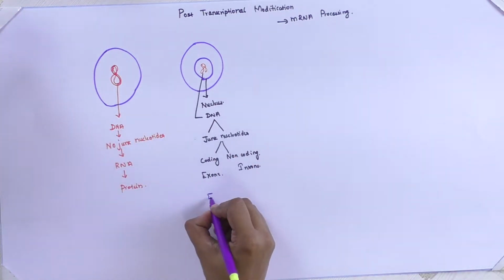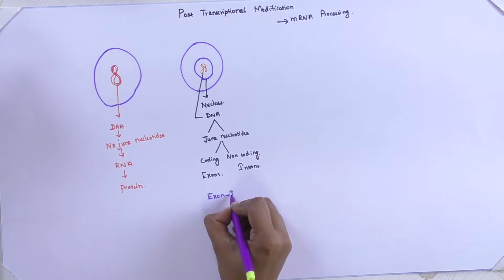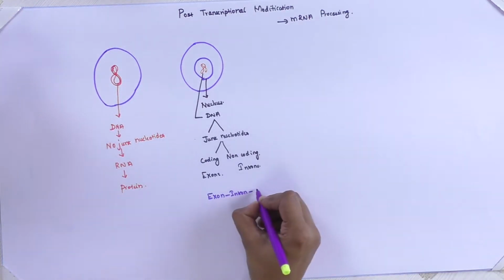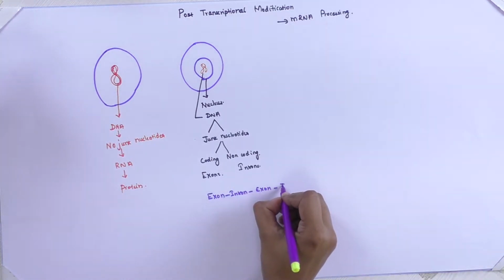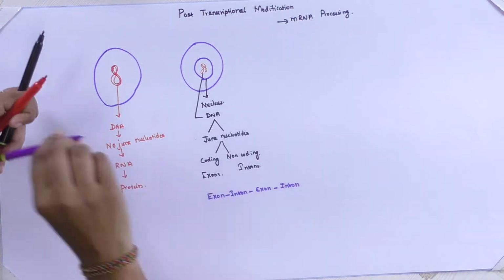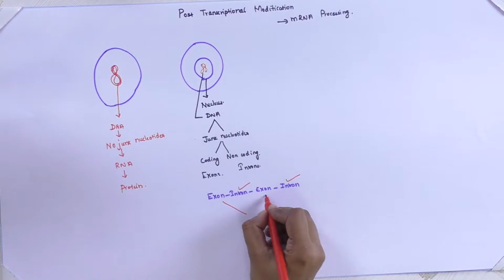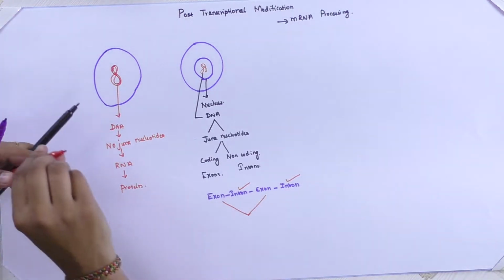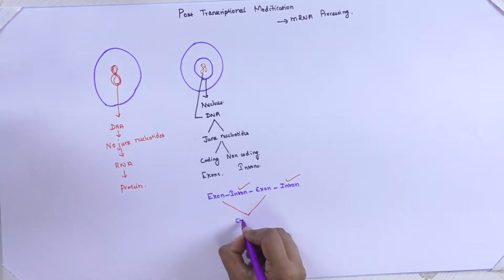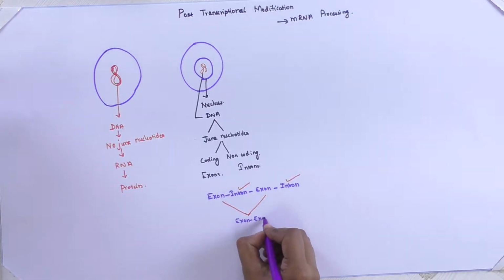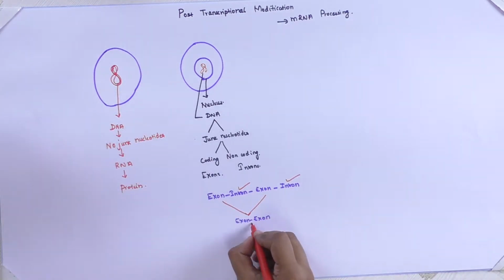So you will have a combination of exon, intron, exon, intron. For this, introns have to be removed so that exons will join together. Then it will be transcribed into suitable RNA, then RNA to protein.